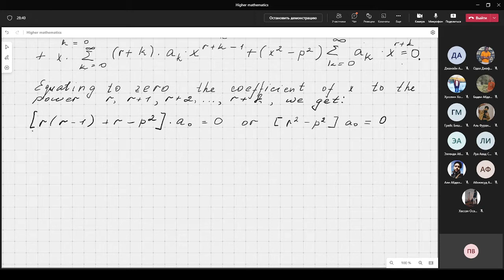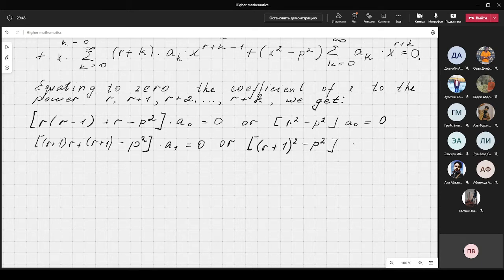Then (r plus 1) times r plus (r plus 1) minus p squared times a1 equals 0, or ((r plus 1) squared minus p squared) times a1 equals 0.